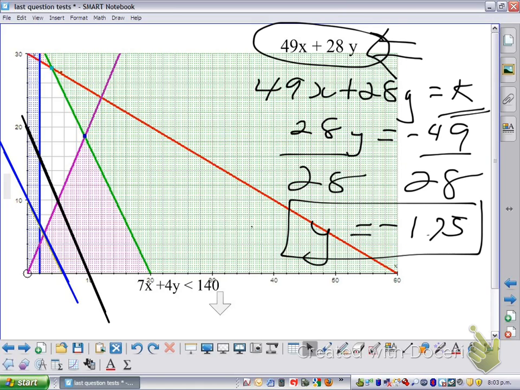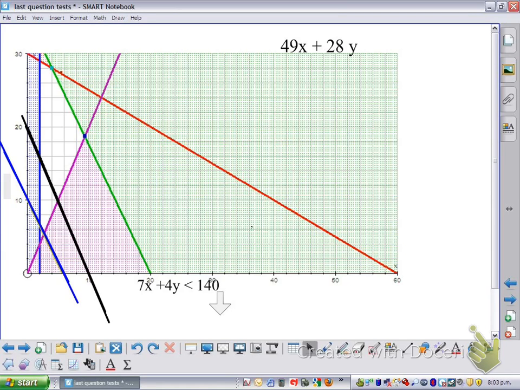Now, what I've done is I've drawn two lines that you'll notice here, and these are the old and the new optimum solution equations. One that we did from the question before, and the new one, 49x plus 28y. So let's take a look physically at what we're looking at here.